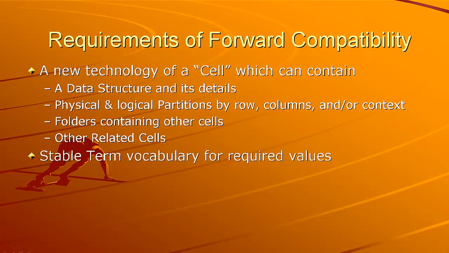So we must create or have a stable term vocabulary for the required values. So if I have a graphic point, then I need to know that somehow I'm going to identify the coordinates and use terms that mean something to everybody. X, Y, and Z would mean something. Latitude and longitude would mean something.